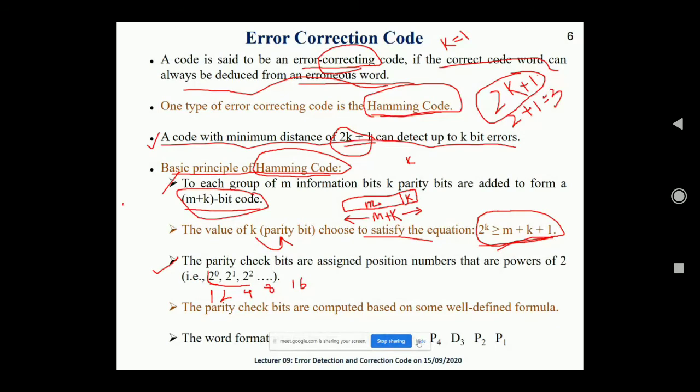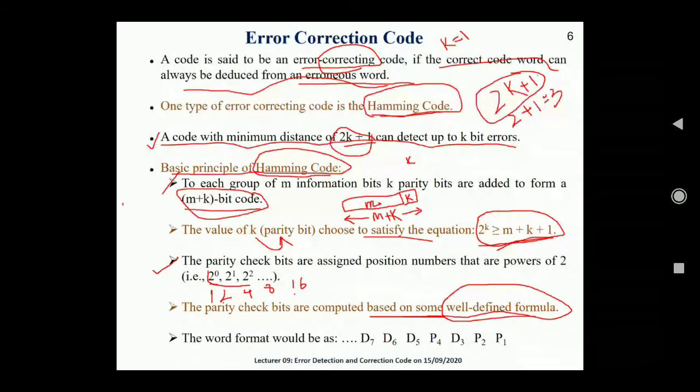The parity bits are computed based on a well-defined formula. Very soon we will see what the formula is, and how we can compute the parity bit. The word format is written from LSB to MSB. See here, this one is 2 to the power 0, so we write P1. This one is 2 to the power 1, so we write P2.